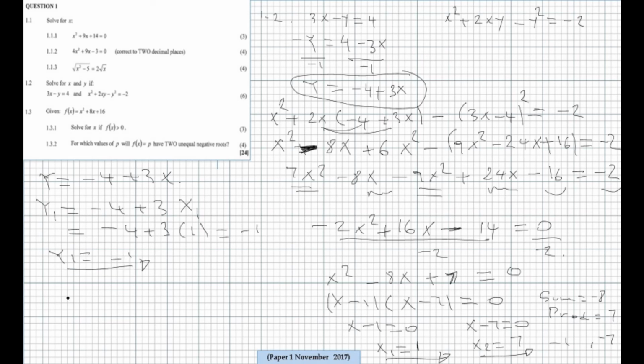So to get y2, I'm going to do the same thing. I'm going to say y2 is equal to, I'm going to use the same expression here, which is negative 4 plus 3, but I'm going to use x2 because I already have x2 there. So I'm going to have y2 is equal to negative 4 plus 3 multiplied by x2, which is 7.